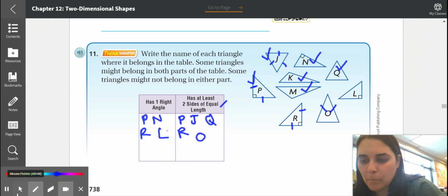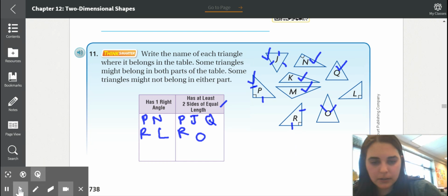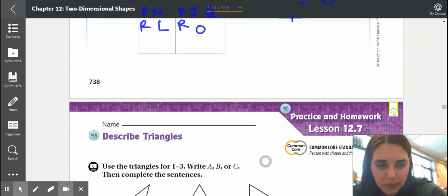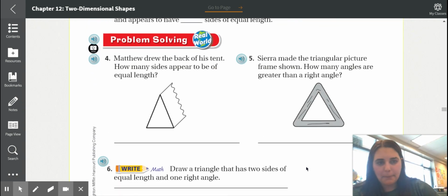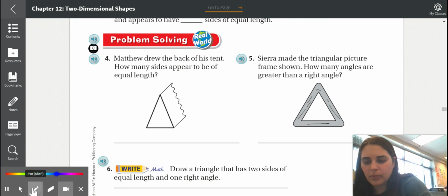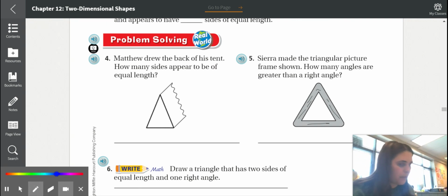So let's look at your homework. You should be able to do all of these. Let's look at number 5. So move to your homework, number 5. It says Sierra made the triangle picture frame shown. How many angles are greater than a right angle?